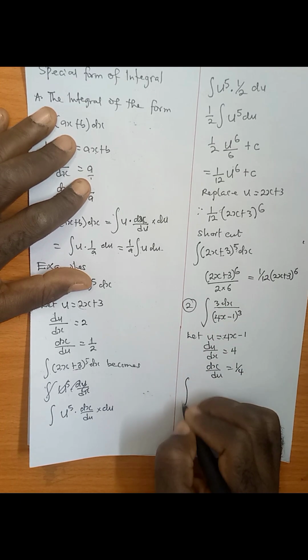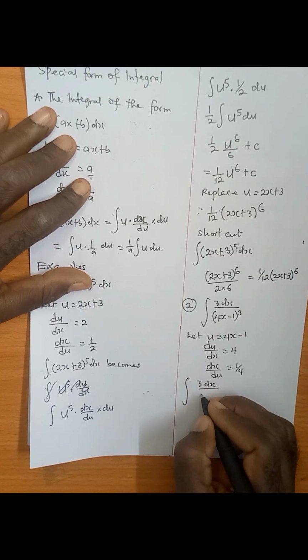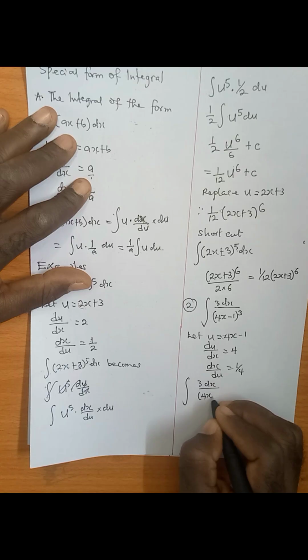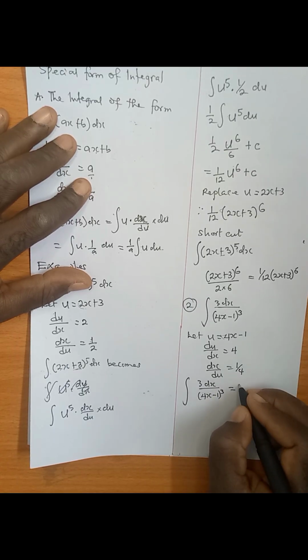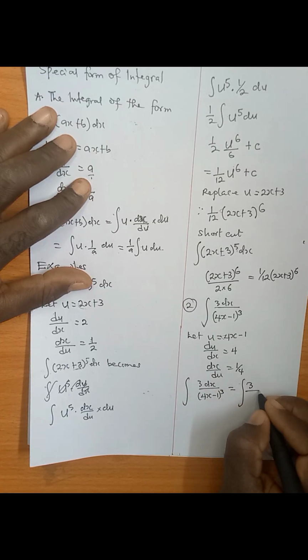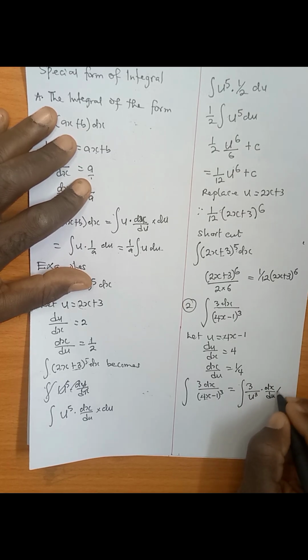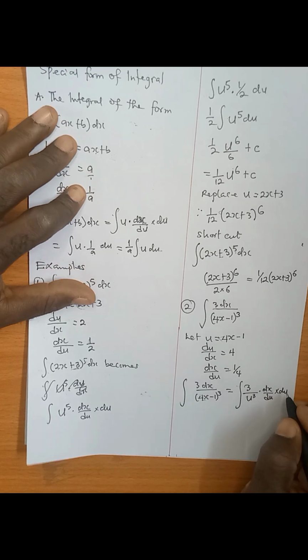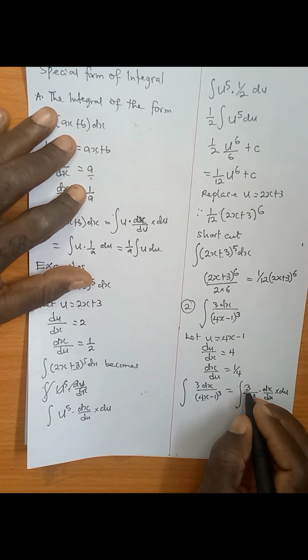Then this integral 3 dx over (4x minus 1) raised to power 3 will be equal to integral of, this is 3 over, the whole of this is u raised to power 3. Our dx is dx/du multiplied by du. Then from here, this 3 is a constant.